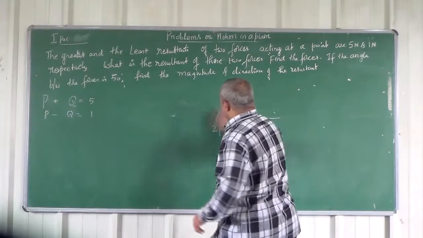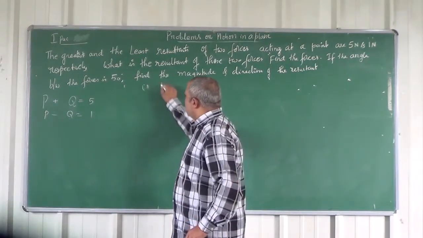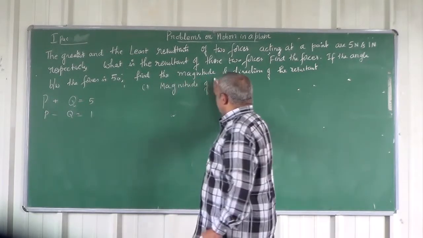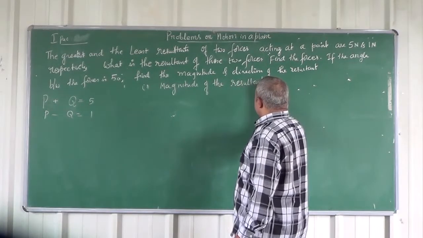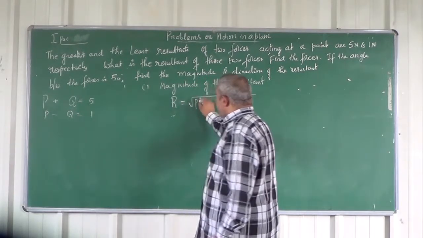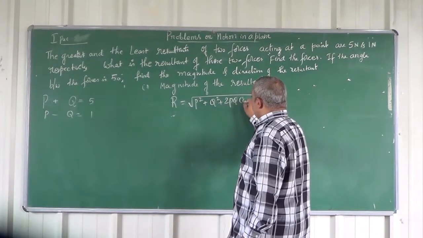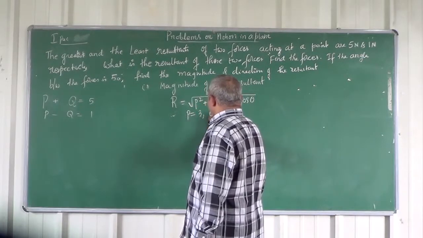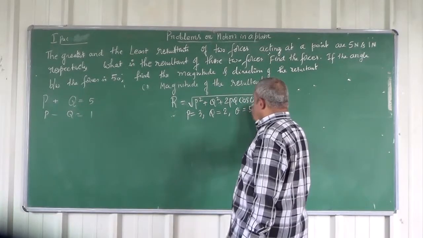Now, magnitude of the resultant. R is equal to square root of P square plus Q square plus 2PQ cos theta. Here P is equal to 3, Q is equal to 2 and theta is equal to 50 degrees.